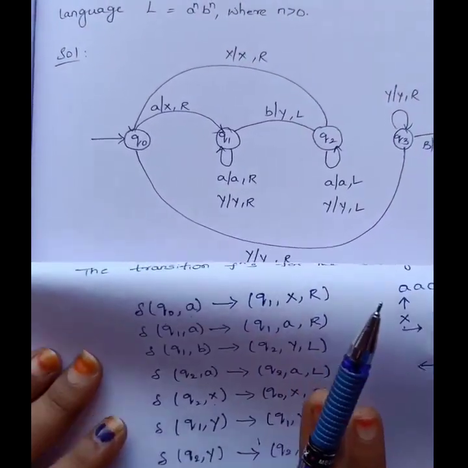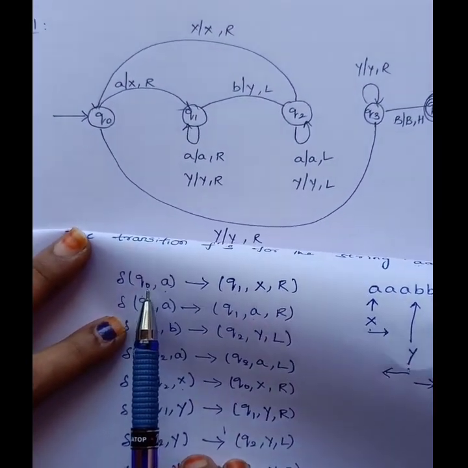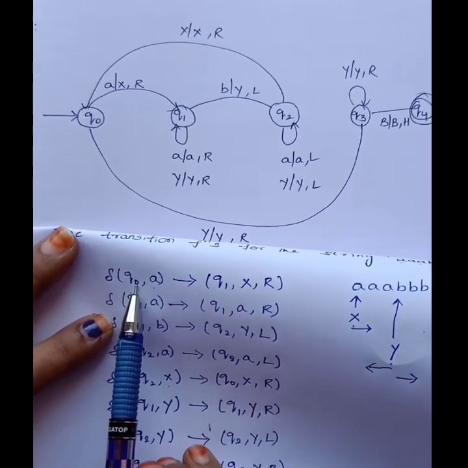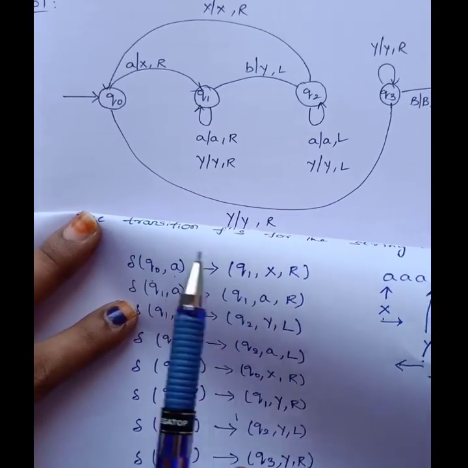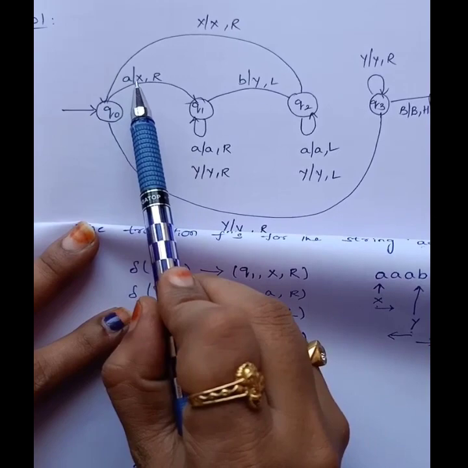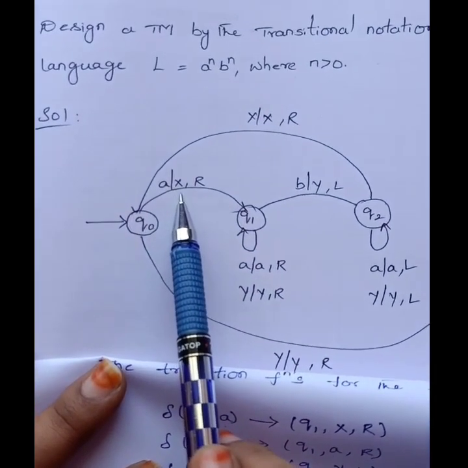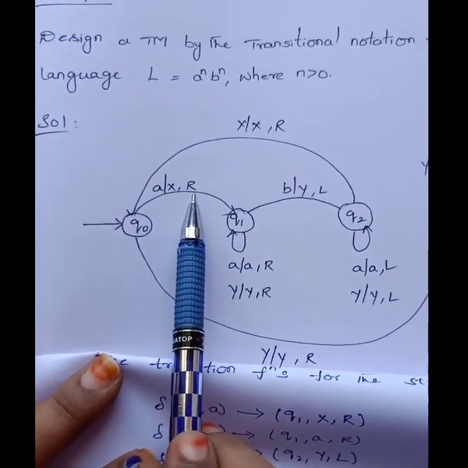From the initial state Q naught, I start traversing the string. From the initial state, by taking input A, I move to the Q1 state. A is rewritten as X, moving right.